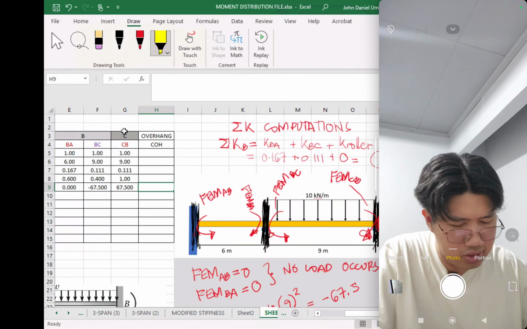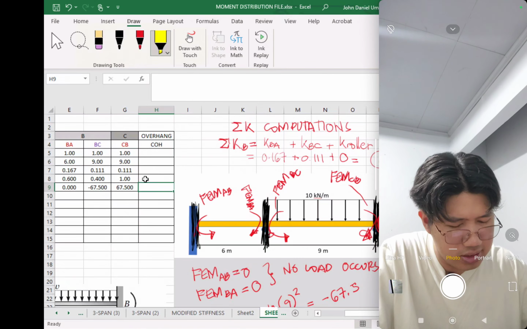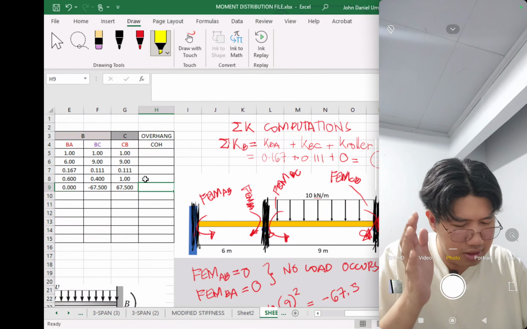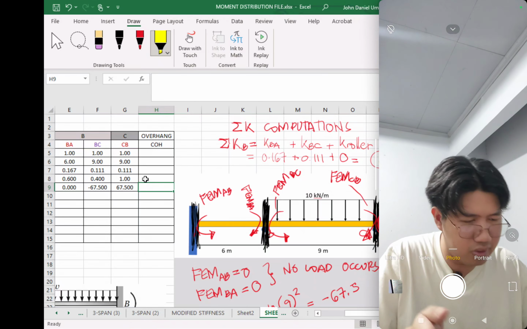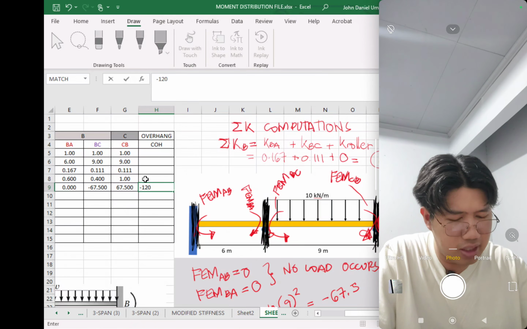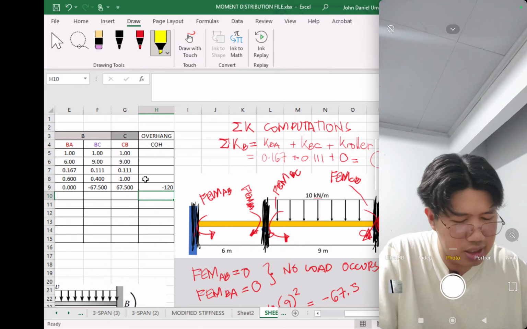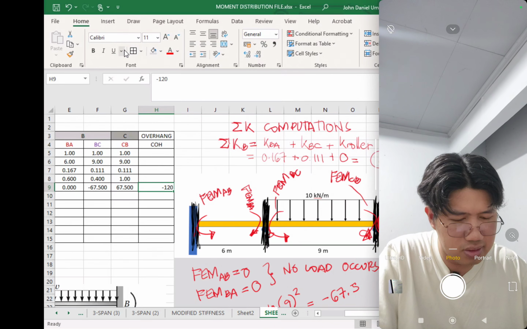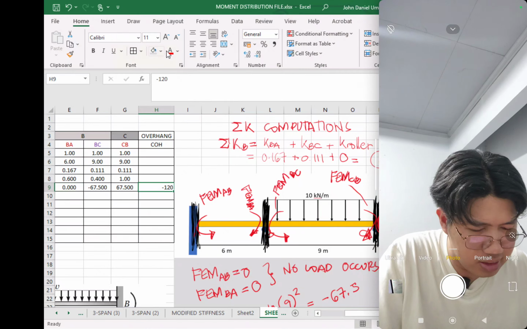So, pero dito sa computation, since hindi mo naman masasabi sa Excel na clockwise mo isosolve or counterclockwise. So, we just give it a value of negative 120 to indicate that it is clockwise. So, sana nakakasunod ay na counterclockwise.